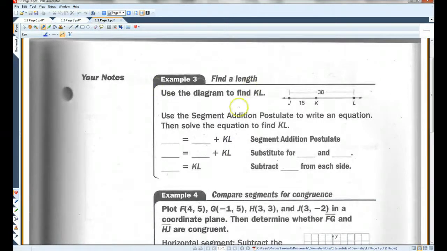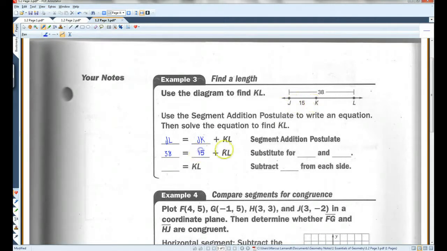Example 3, use the diagram to find KL. So in this case, the whole thing is 38. Doesn't give us the units. This piece is 15. We need to find the rest of it. Now, the segment addition postulate says JL is equal to JK plus KL. We know, according to the diagram, that JL is 38 and JK is 15.